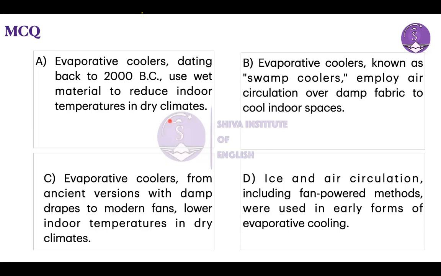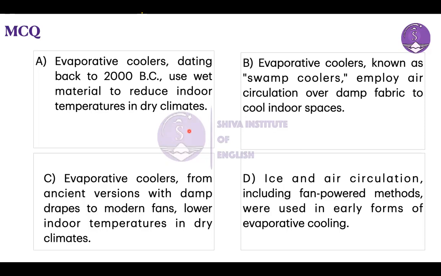It accurately mentions the historical context by stating that evaporative coolers date back to 2000 BC, but it lacks the crucial detail about swamp coolers and the modern fan powered variations.